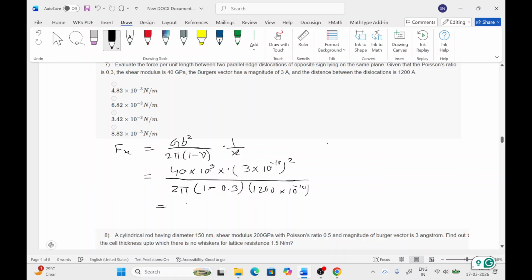So this will give 6.82 into 10 raised to the power minus 3 Newton per meter. So the second option is correct for this.